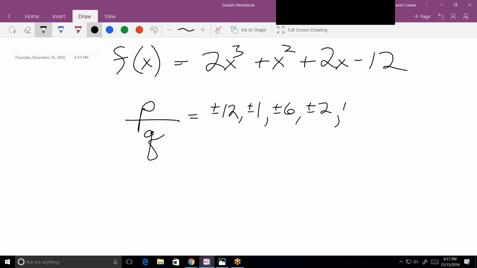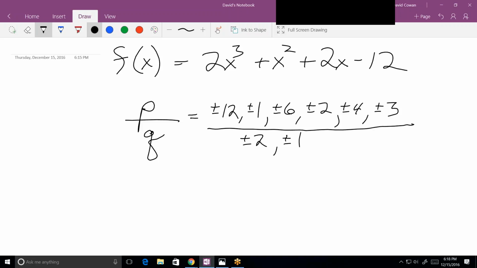And I got two more, plus or minus 4, plus or minus 3. So those are all of the possible numerators of a rational 0. The possible q's are factors of this 2, which are plus or minus 2 and plus or minus 1.